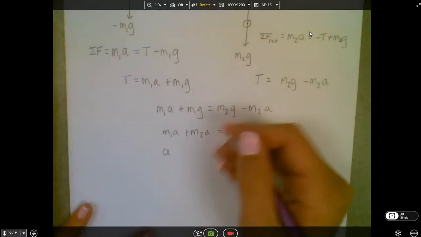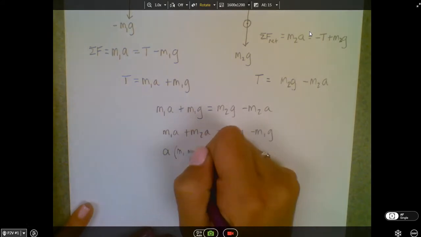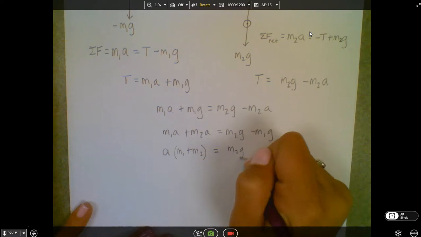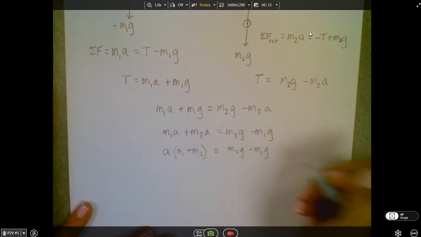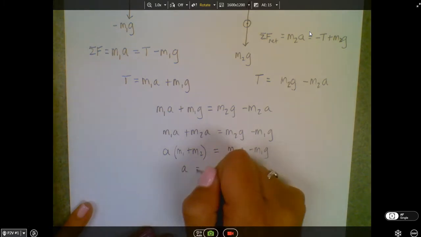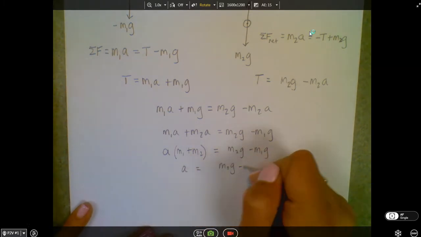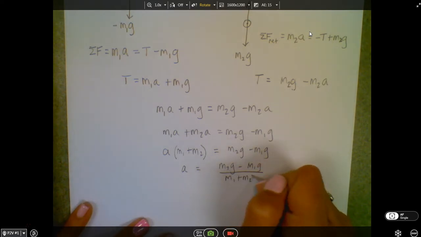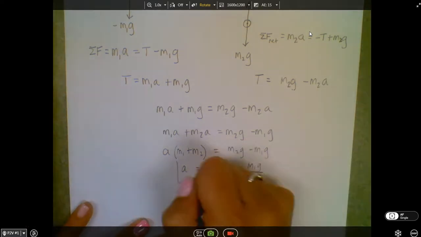I wouldn't really ask you to do this, but it's good practice, just in case the AP does. So all I did was just pull the A out, like a reverse distributive property, and then divide. So I have A equals M2G minus M1G over M1 plus M2. And that's as far as we can get.